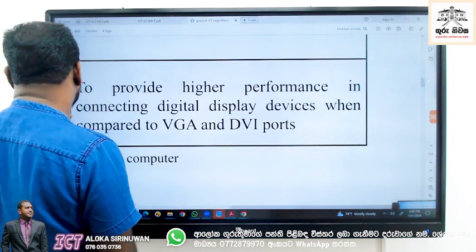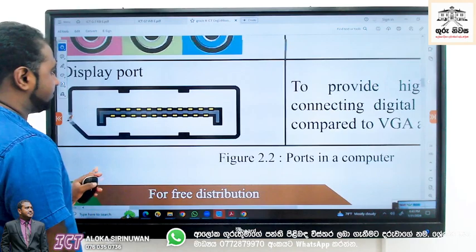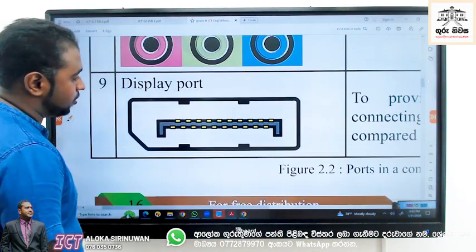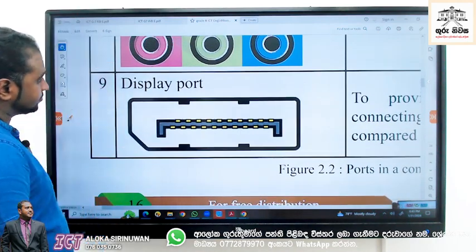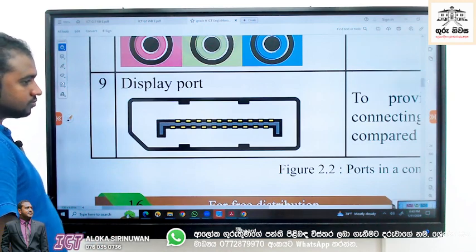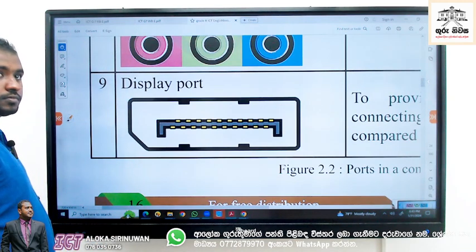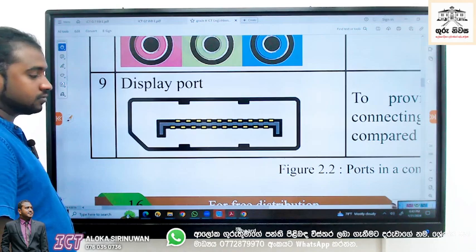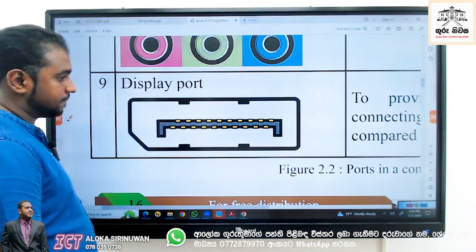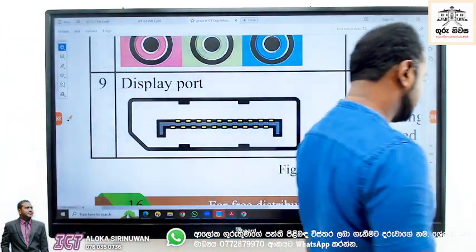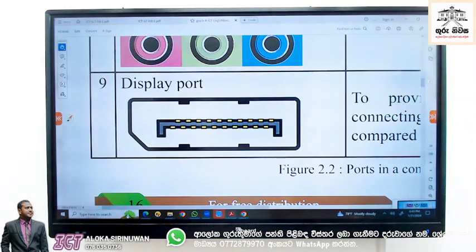Okay. And this is the port, right? You can draw this port quickly. Right. Okay. Hurry.